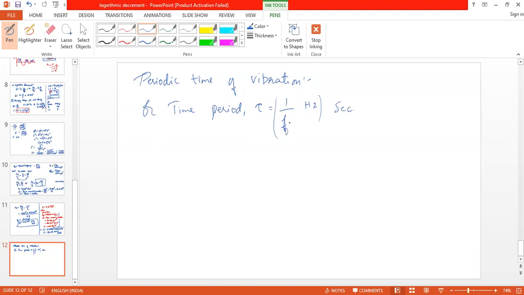Here, this F should be Fn or Fd? Fd is the damped natural frequency, and Fn is the undamped natural frequency.